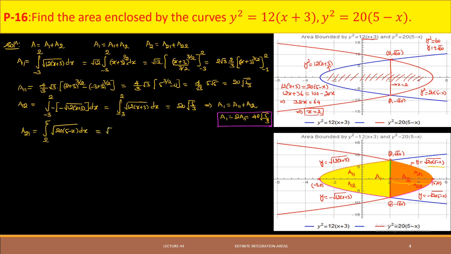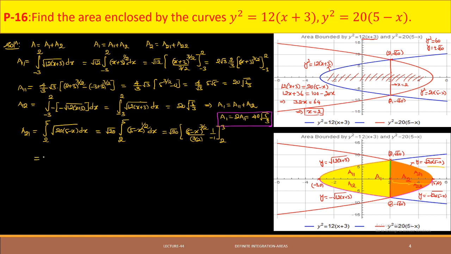If I take root 20 out of the integral, then this becomes the integral from 2 to 5 of 5 minus x whole to the power 1 by 2 dx. So that is equal to root 20 into the integration of 5 minus x whole to the power 1 by 2, which is 5 minus x whole to the power 3 by 2 divided by 3 by 2 into 1 by minus 1. I have to write down the limits, 2 and 5.